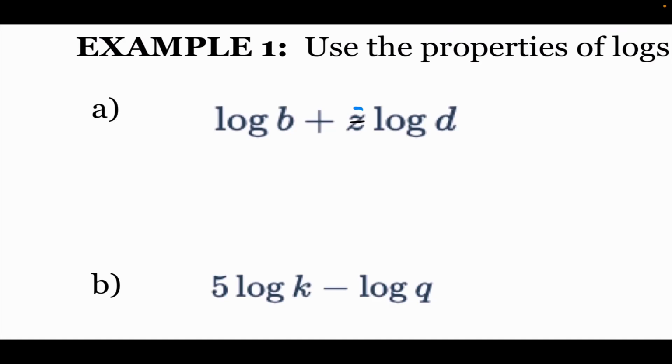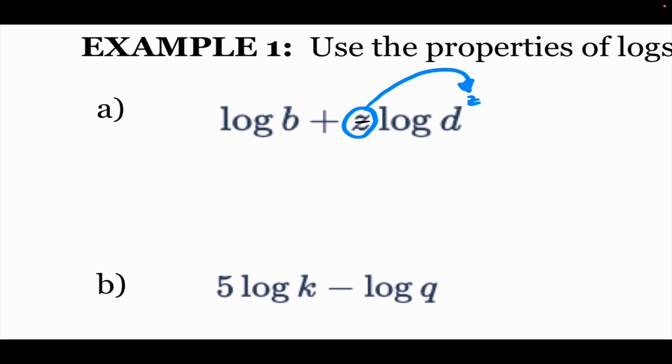That came from up here. That's what the power rule says. Okay? So let me rewrite this. Log of b plus log of d to the z power. So the first thing is I put the power back.